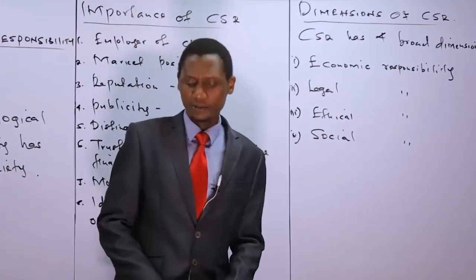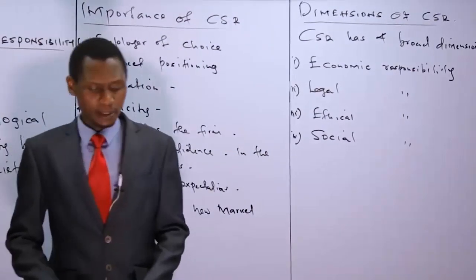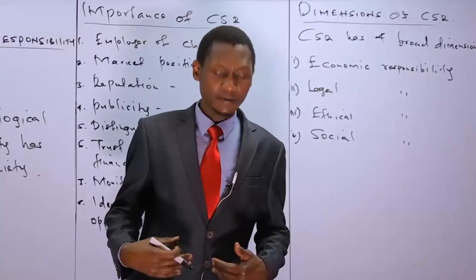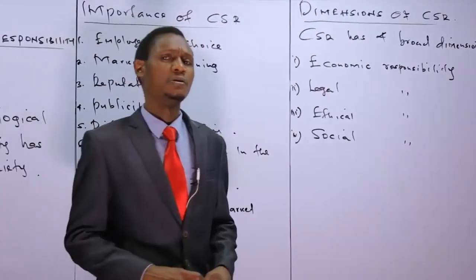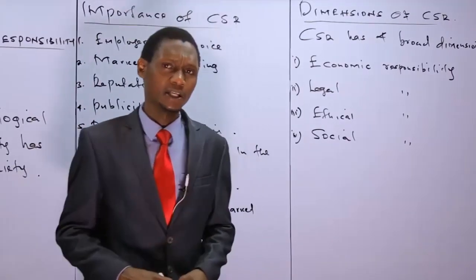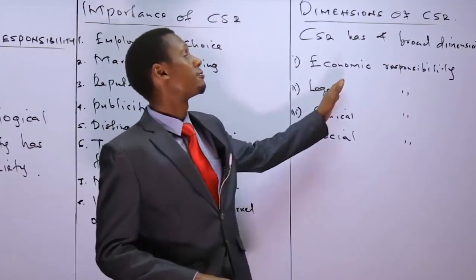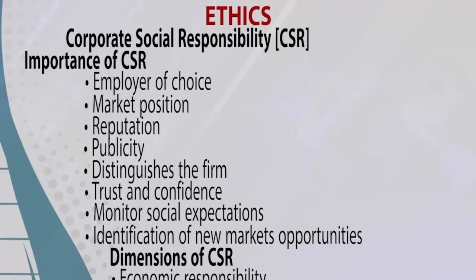What are these dimensions about? The primary objective for which a business organization exists is to maximize profitability and wealth. So the first, economic responsibility, just refers to the responsibility of an organization to earn a good return to the investors or to the owners of a company.